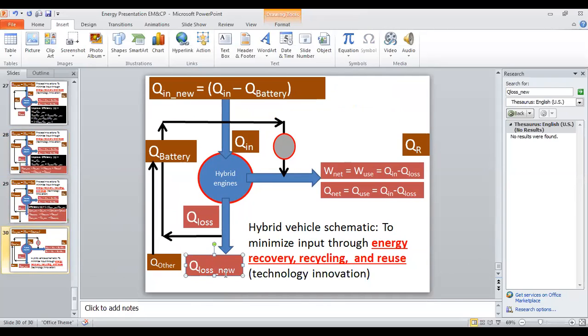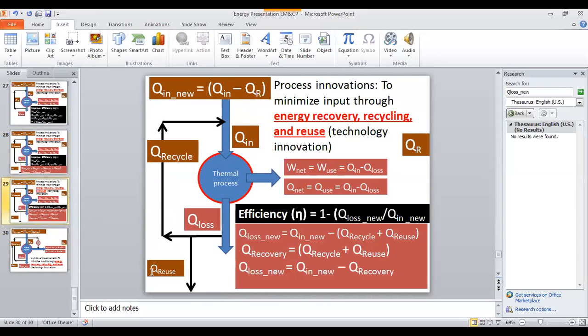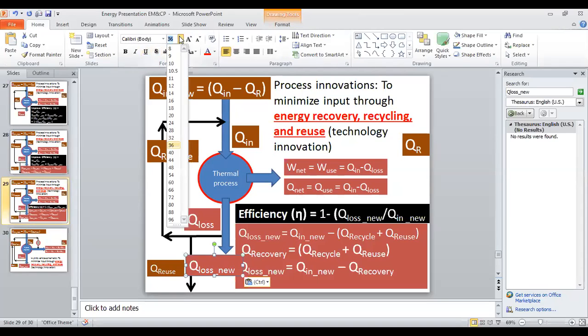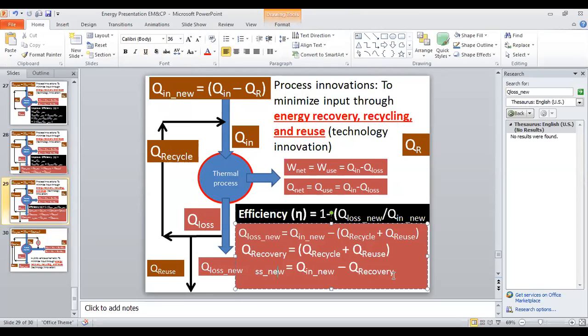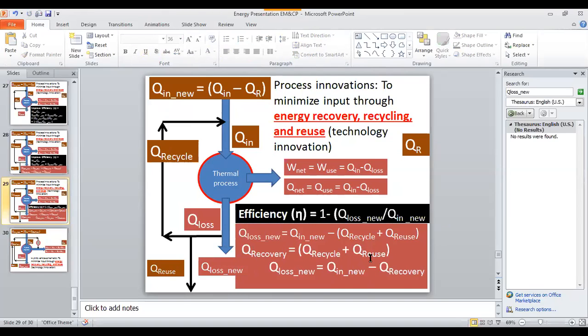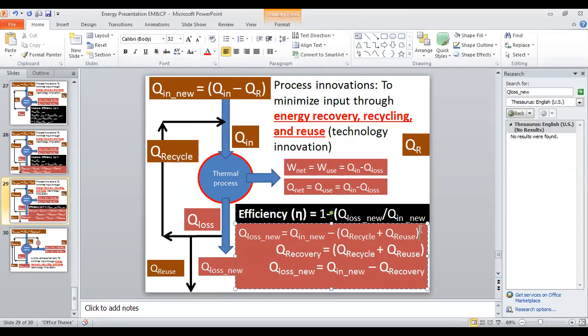It's very interesting. So here you have a reduced Q loss new. Good.